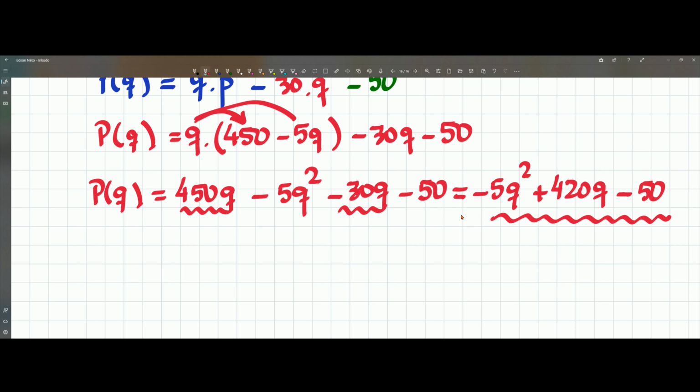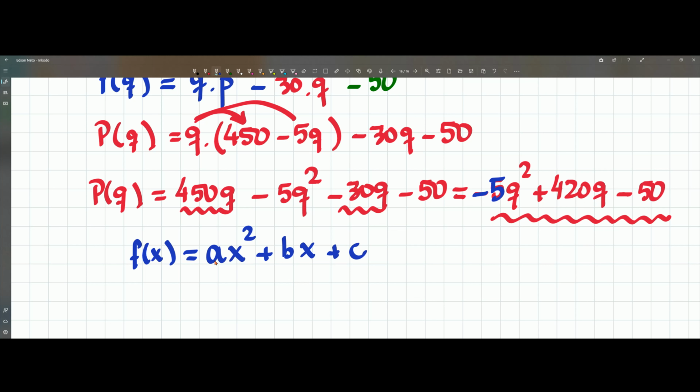When you look at quadratic expressions, we notice that the first term here, Q squared, has a coefficient of minus 5. So we need to separate the values of these coefficients. Let's remember first of all a quadratic expression in its general form: ax squared plus bx plus c.